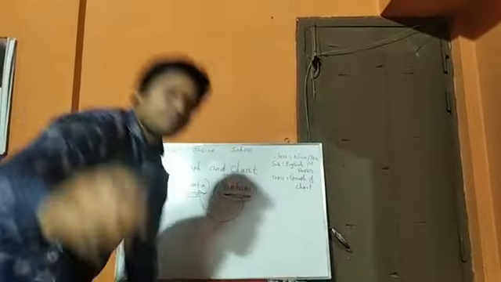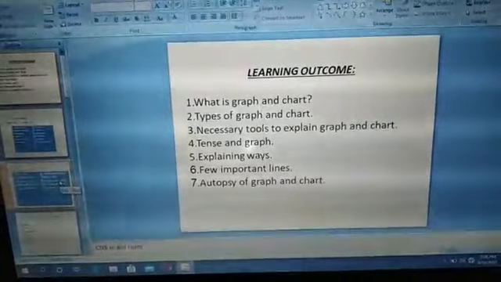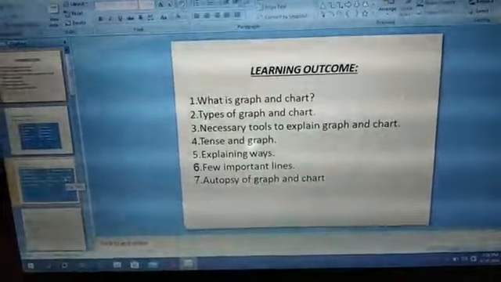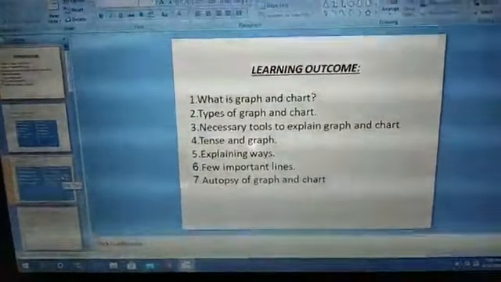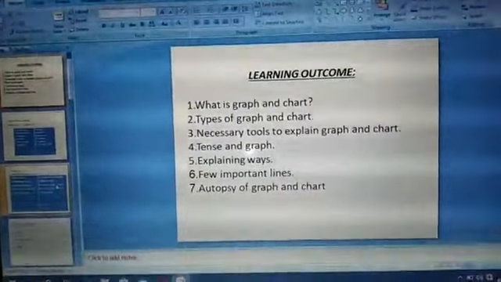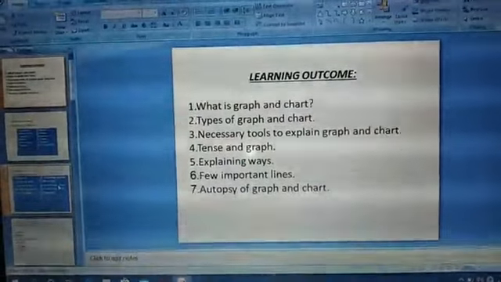The learning outcome will be: what is graph and chart, types of graph and chart, necessary tools to explain graph and chart, tense and graph, explaining a few important lines, and autopsy of graph and chart.